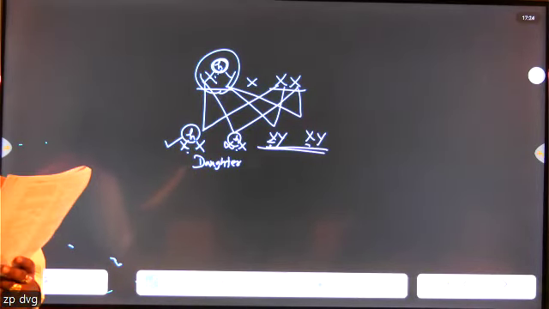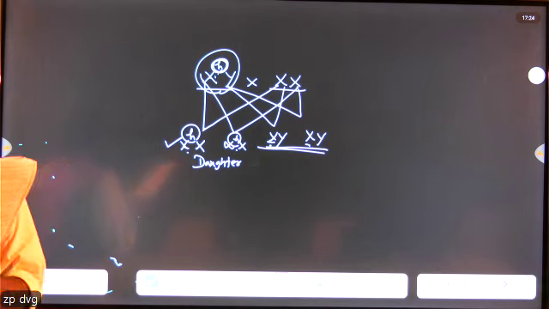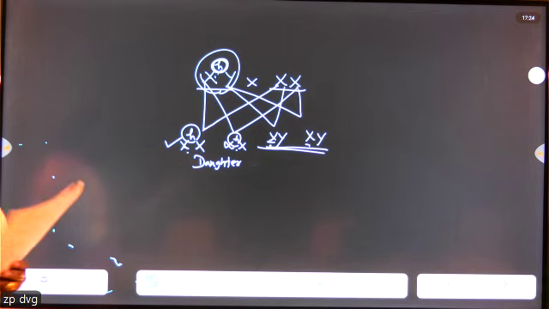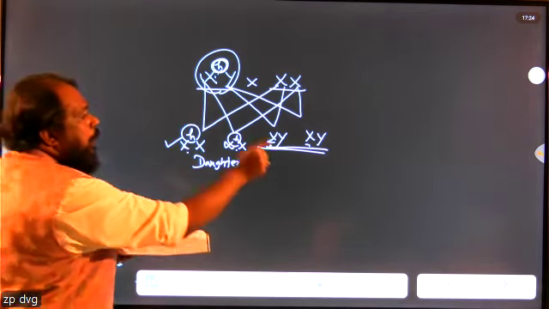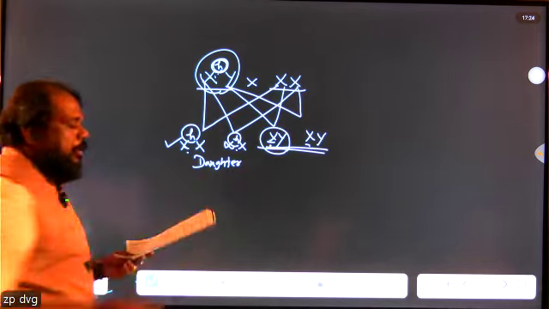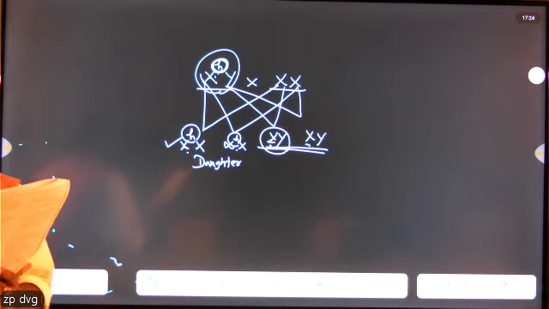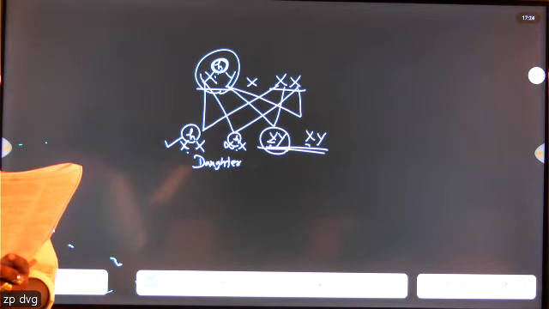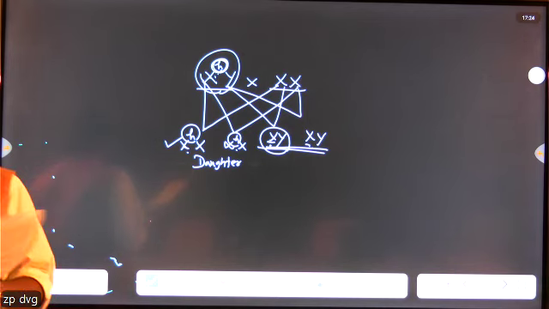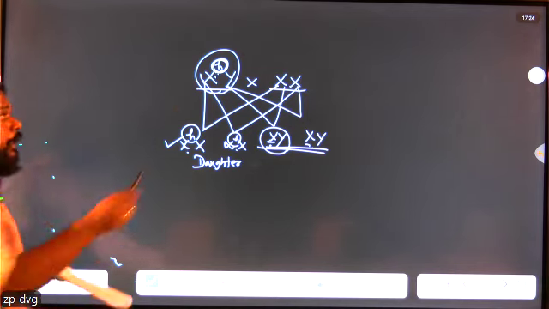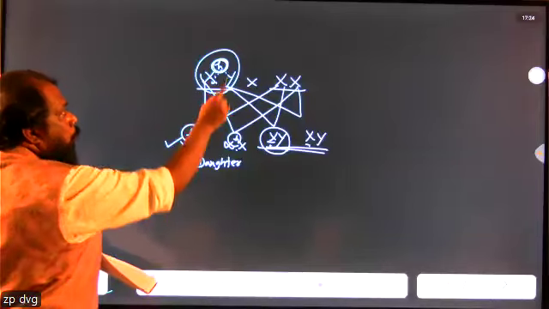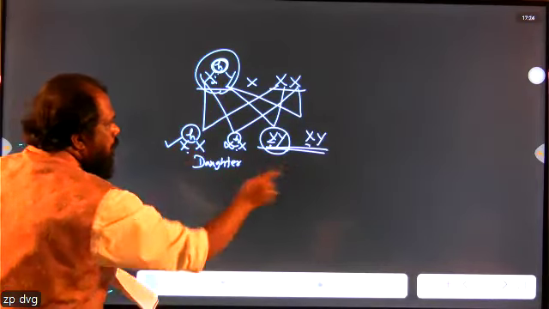Carrier mother to pass the gene to her daughter, that is also correct. Carrier mother to pass the gene to her son, yes. But hemophilic father to pass the gene to his son? A hemophilic father will never pass the gene to his son. So which is impossible? Option 4. Hemophilic father to pass the gene to his son is impossible, which is not going to happen.